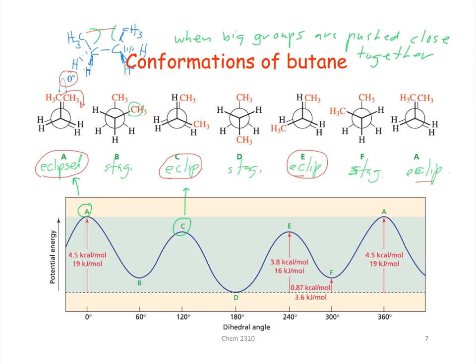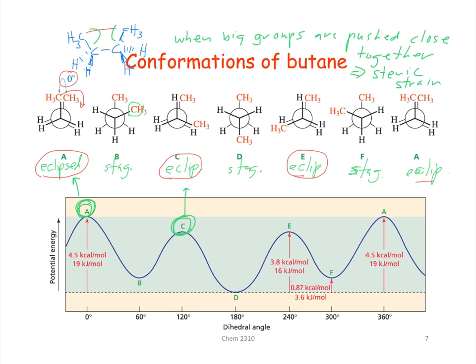I'll make another video on the next slide to show you how this looks. And when they start bumping together, they repel each other. So the electrons around the atoms start to repel each other. This is called steric strain, and the steric strain raises the energy. So conformation A is higher in energy than C because the two methyl groups, the two biggest groups in the molecule, are being eclipsed and pushed close together. That creates more steric strain and makes it less stable.